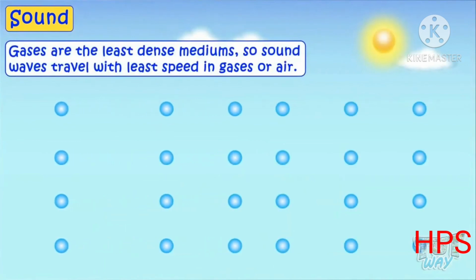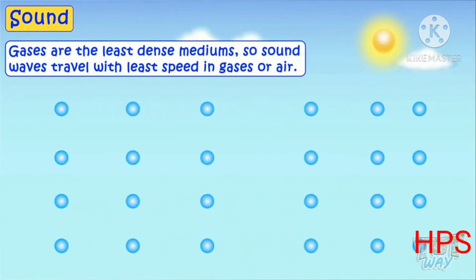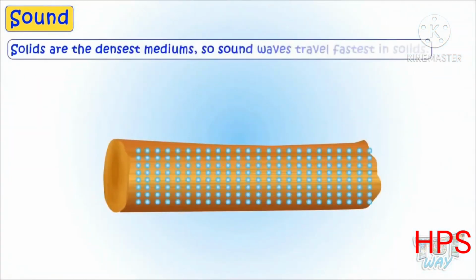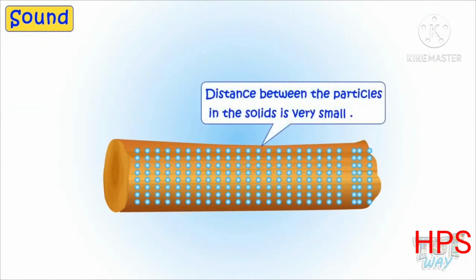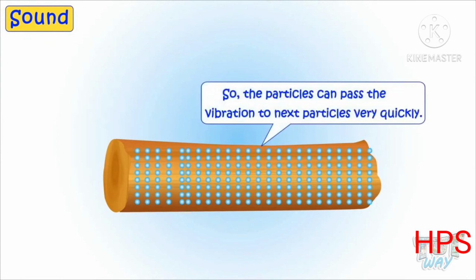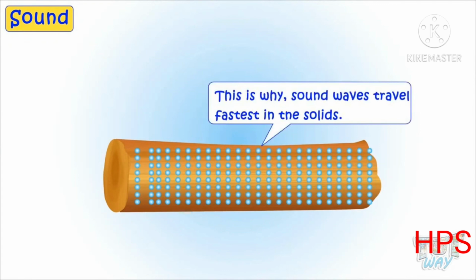So we know very well gases are the least dense medium. So sound waves travel with least speed in gases. And solids are the densest mediums. So sound waves travel fastest in solids. The distance between the particles in the solids is very small, so the particles can pass the vibration to next particles very quickly.